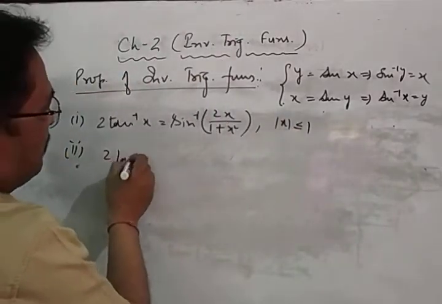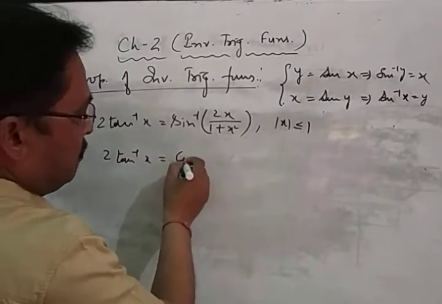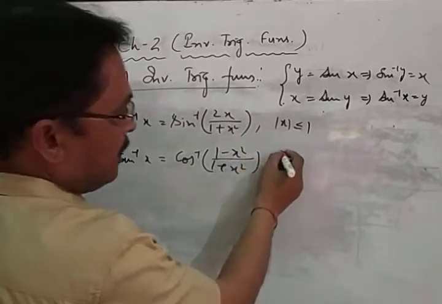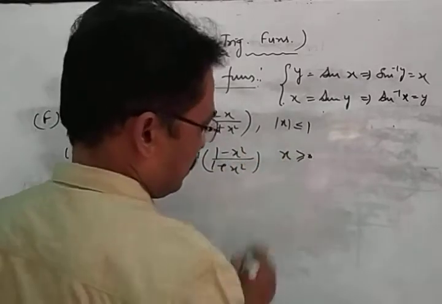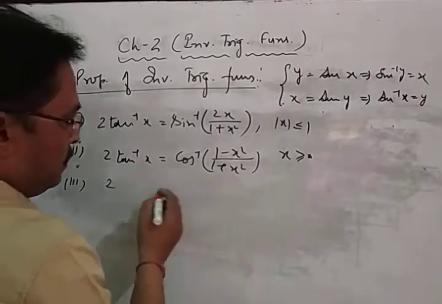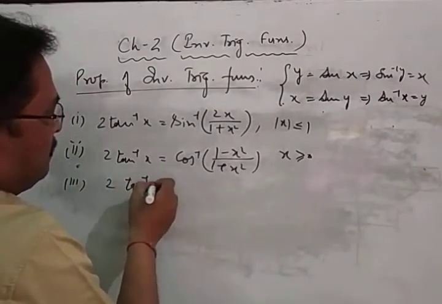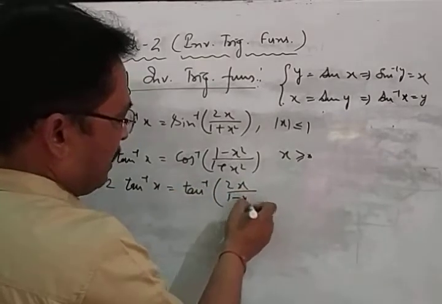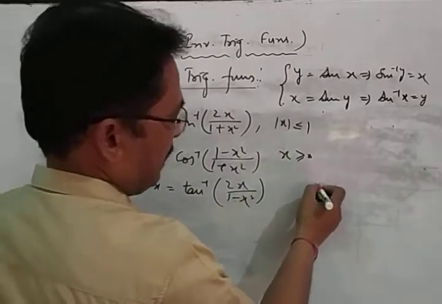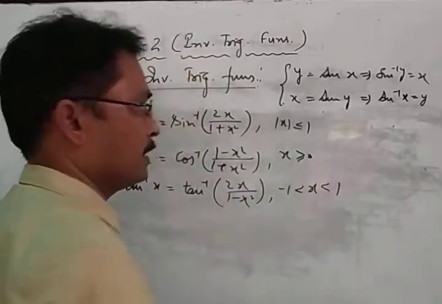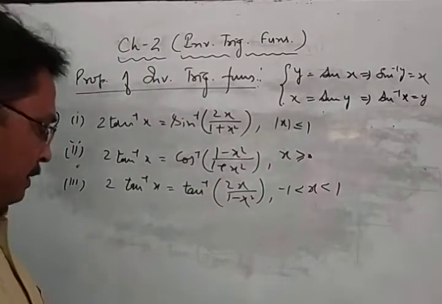Second, 2 tan inverse x equal to cos inverse 1 minus x square upon 1 plus x square when x is greater than or equal to 0. And third, 2 tan inverse x is equal to tan inverse 2x upon 1 minus x square when x lies between minus 1 and 1. Clear?